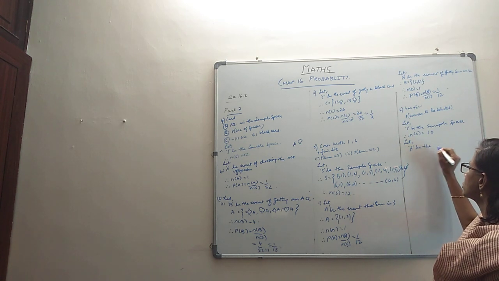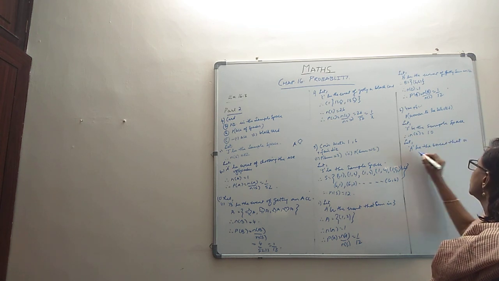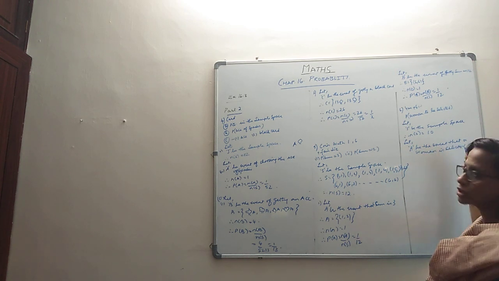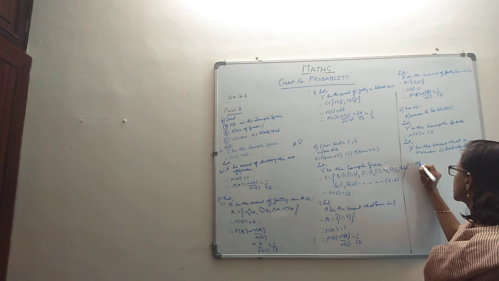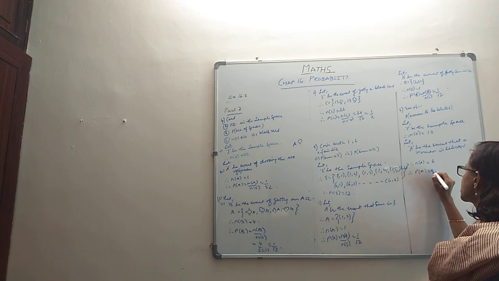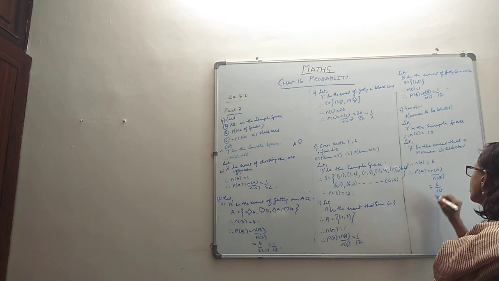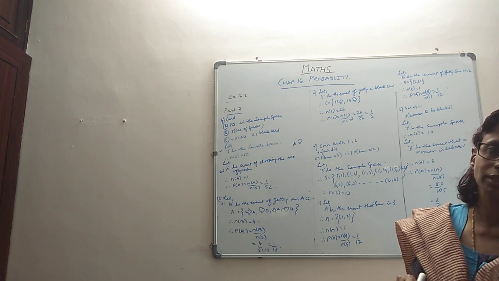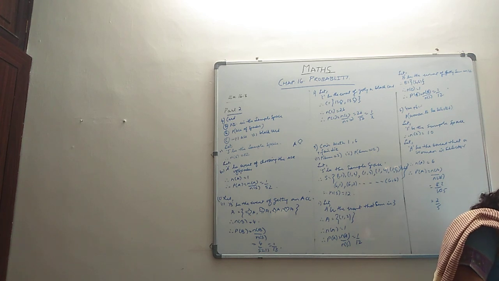Because there are 6 women, 6 choices are there, and that leads you to the probability, which is n of A by n of S, and that's 6 out of 10. You could cut it: 2 3s are 6, 2 5s are 10, so 3 by 5, or 0.6 if you want, right? So that's the required probability that they have asked for.